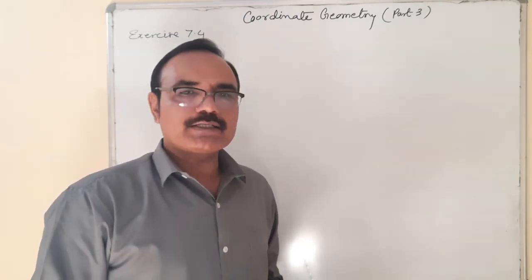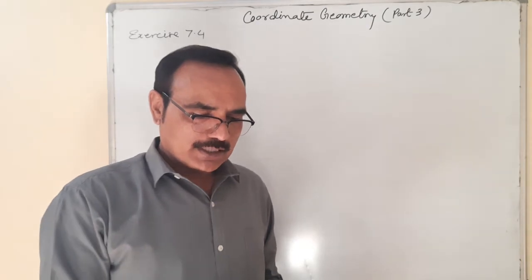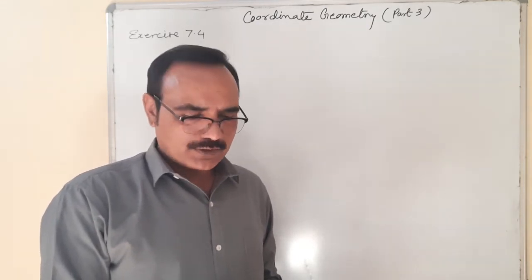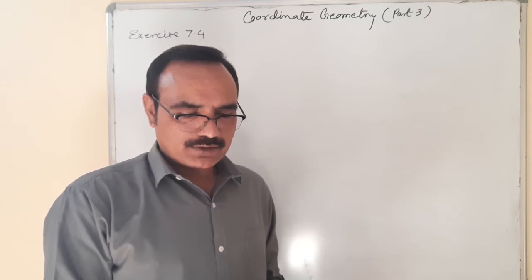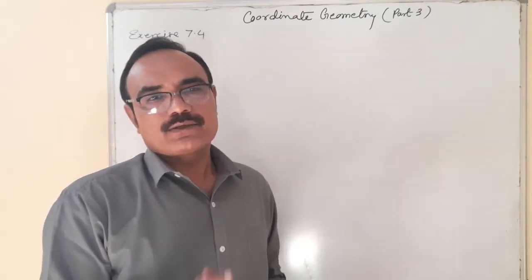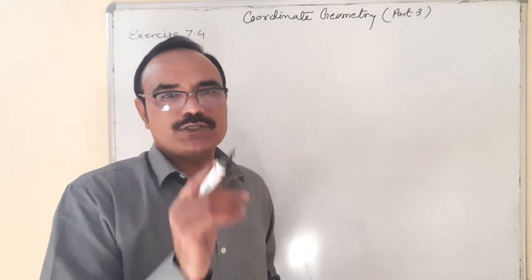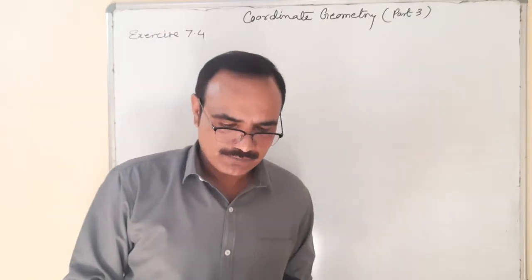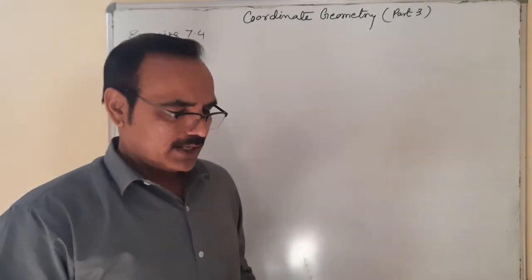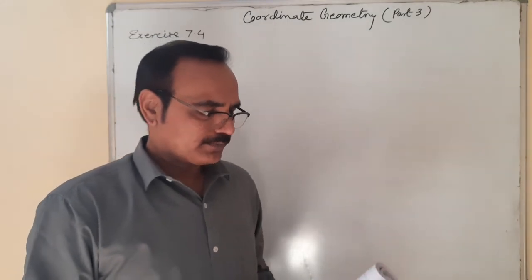So we will consider the center to be x, y. So the distance from x, y to 6, minus 6, x, y to 3, minus 7 and x, y to 3, 3. So OA is equal to OB, OB is equal to OC. We get two equations and find the values of x and y.